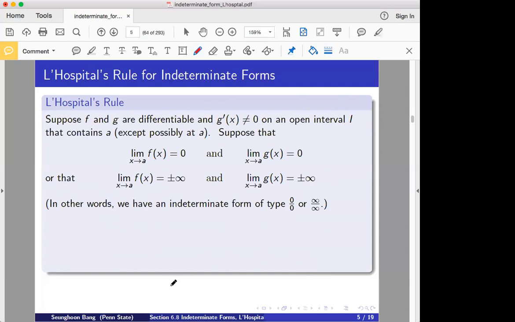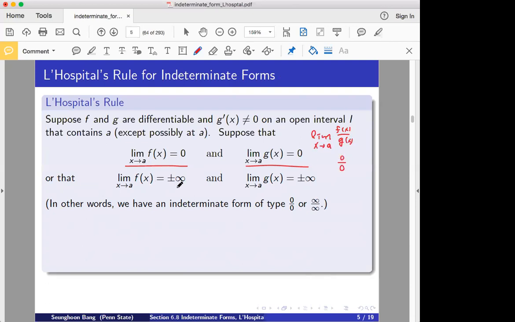So what does it mean? We think about the limit of f of x over g of x as the x value approaches some a. So we can use this one. You plug into the top and the bottom, and we have a 0 over 0 form.